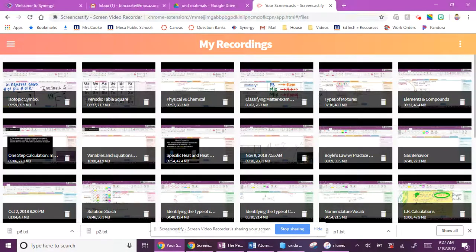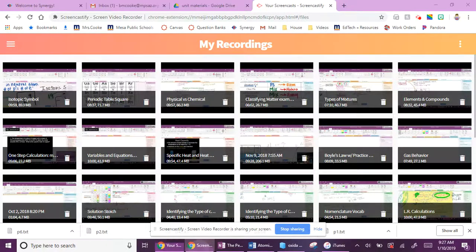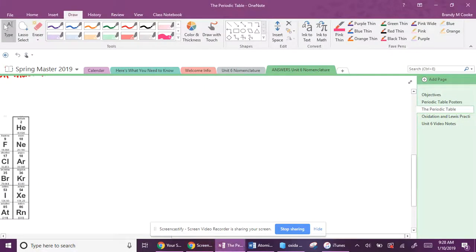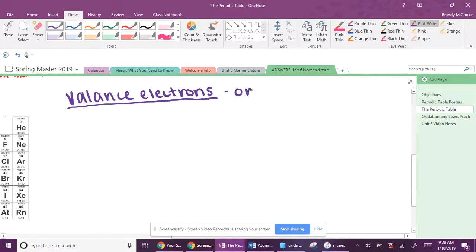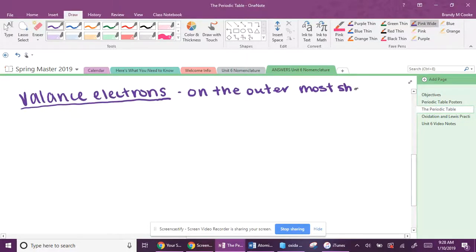So hopefully you remember from class the definition of valence electrons. Valence electrons are the electrons in the outermost shell.